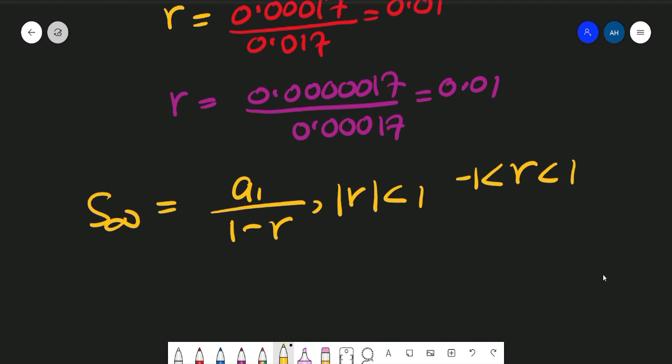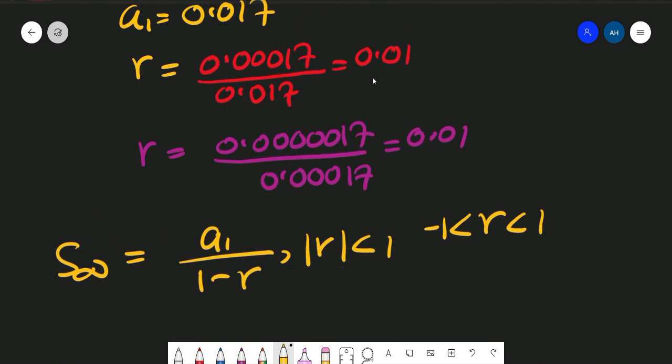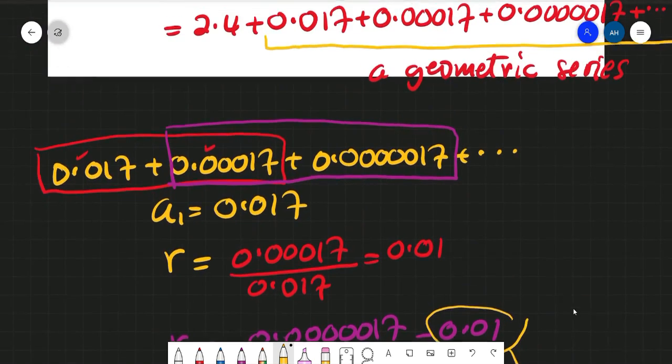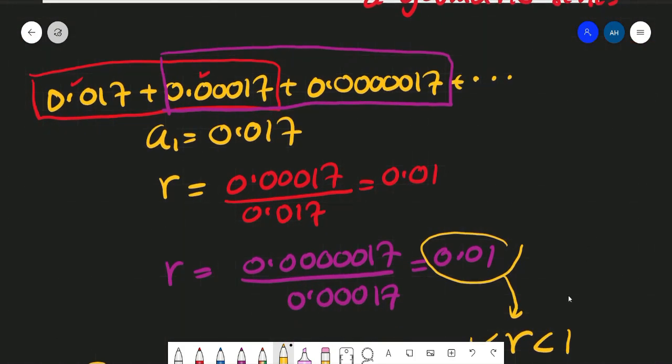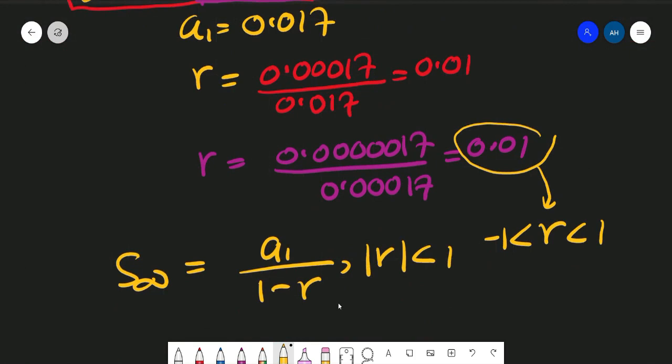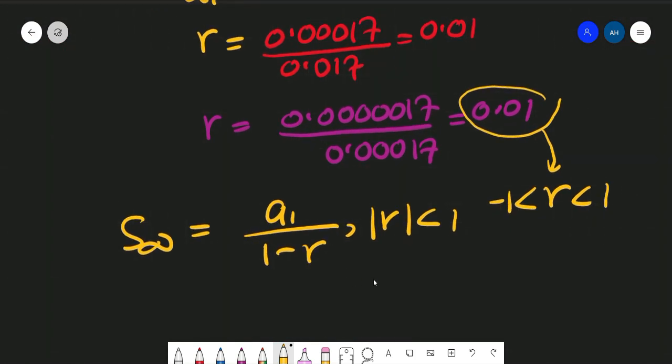Now in this case, our r is 0.01. Yes, it is in this interval, between -1 and 1. Therefore, we can find the infinite sum of this series by using this formula, because all the conditions are satisfied.